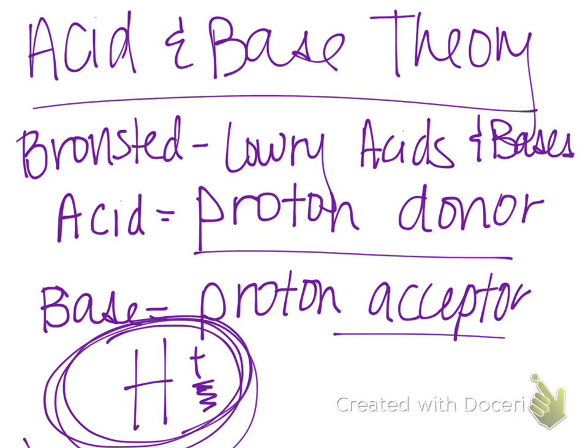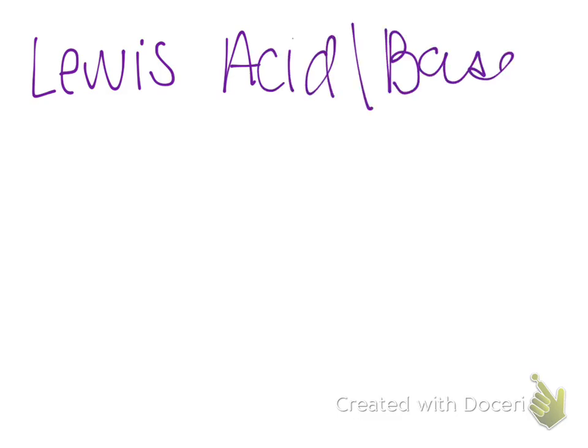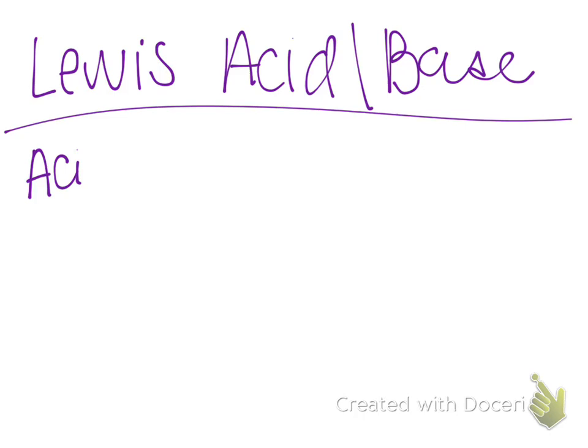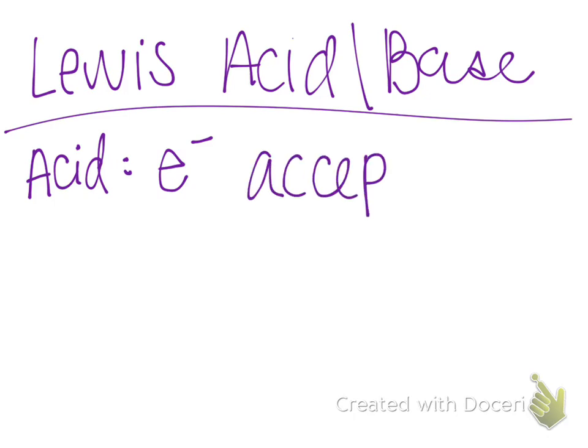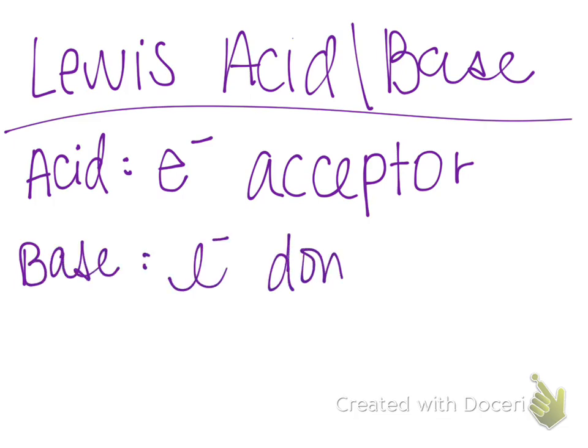But the other theory, which again is not wrong, it's not any better or worse, is called the Lewis acid and base theory. A Lewis acid, he considers it to be an acid if it is an electron acceptor, and he considers it to be a base if it's an electron donor.